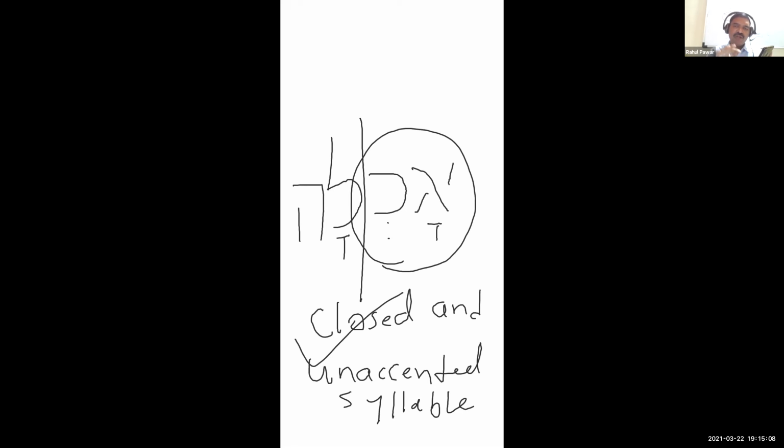In detail, we are going to learn the rules about the Shiva in the third chapter, and about the accents in the fifth chapter. So at that time I will explain. As of now, I'm telling you that whenever there is a closed and unaccented syllable, instead of pronouncing A, you have to pronounce O, like the O in sword. It is a very short vowel, with the circumflex towards downward.